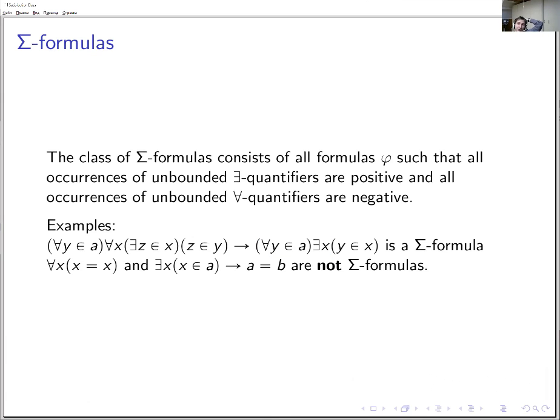So this is a less restrictive version of class sigma 1 that captures the same thing. If we did the same in arithmetic, sigma definable sets would be the same as sigma 1 definable sets.